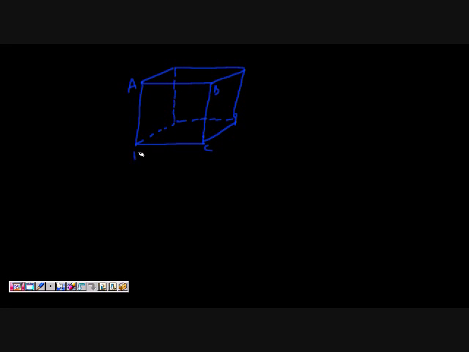So we know this is A, B, C, D, E, G. This is 2 units, 2 units, 2, 2, 2, 2. All the sides are 2 units.